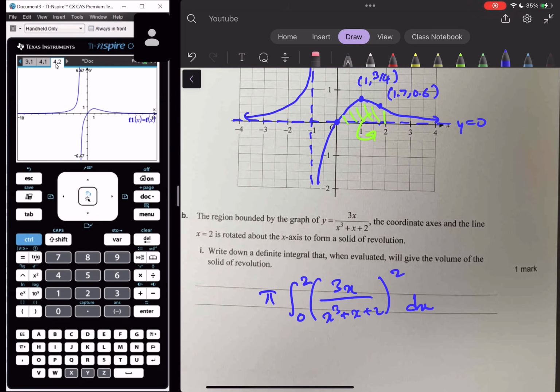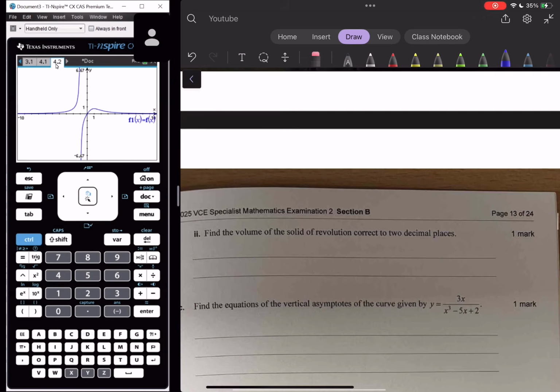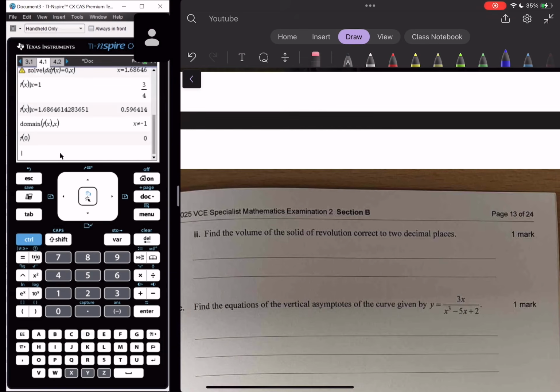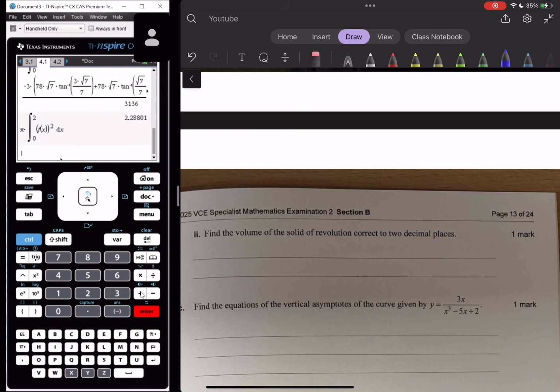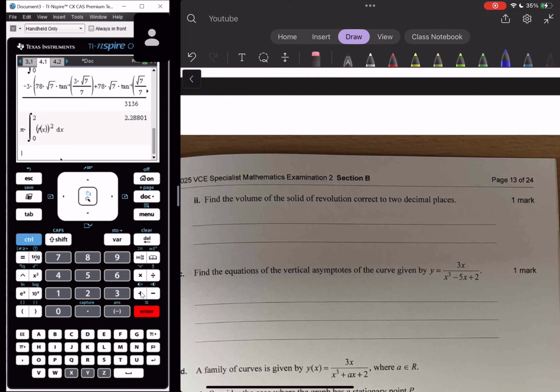Let's plug that into the CAS because we want to find the volume. So we're going to do pi times the integral from 0 up to 2 of f of x squared dx.